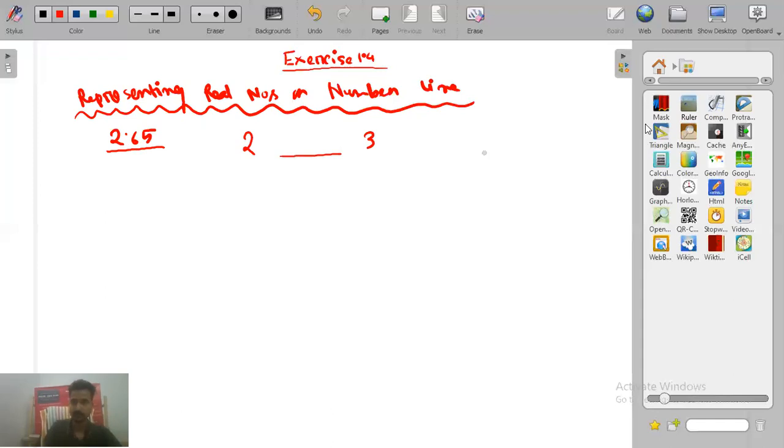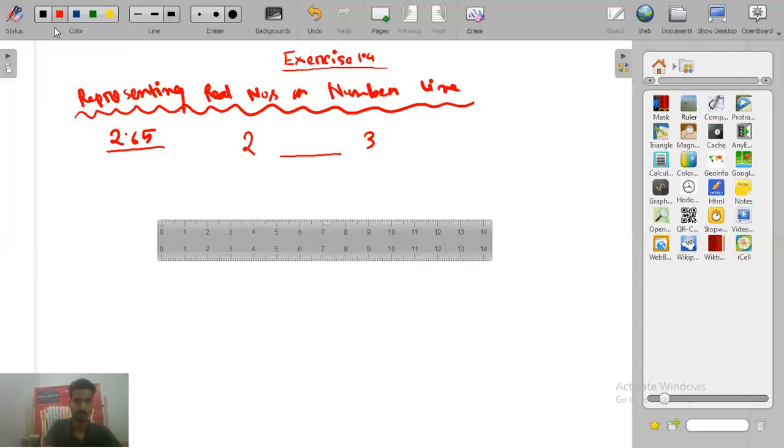So first, let me draw a number line. Okay, and let me divide it into equal parts.